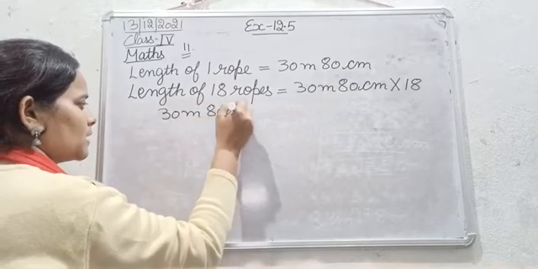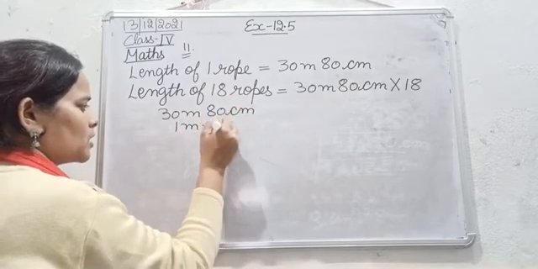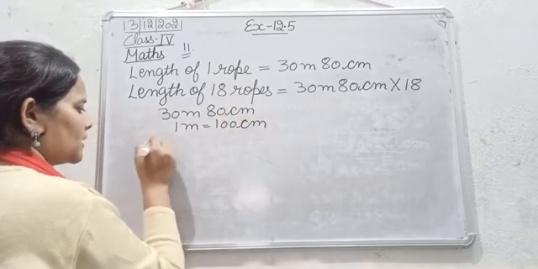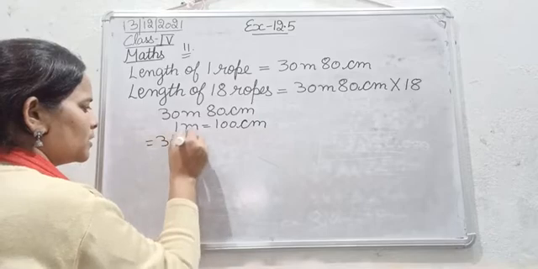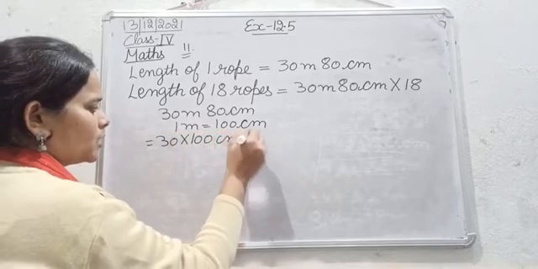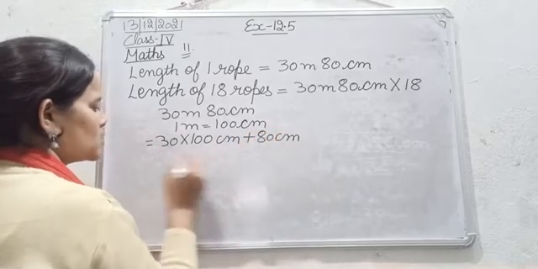So 30 meter 80 centimeter. 1 meter is equal to 100 centimeter, and 30 meter will be converted into centimeter by multiplying with 100, plus 80 centimeter.